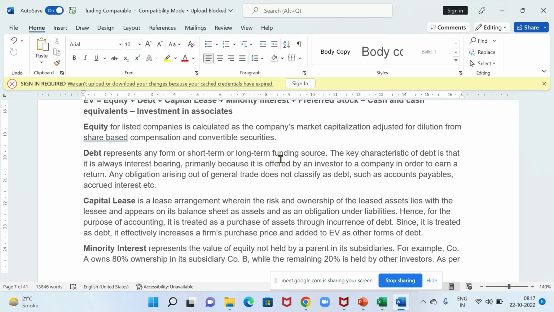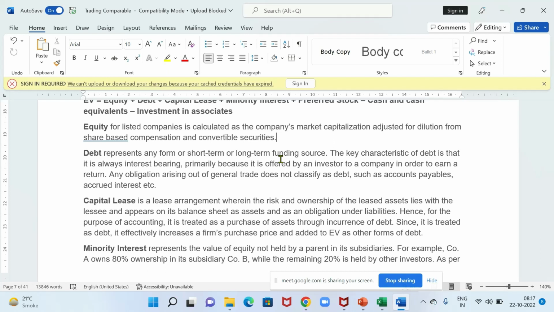So we discussed the other day for convertible securities. Say for example, there are 100 million convertible securities at a strike price of say $10 and the current market price is say 5. So that has been issued at a 100% premium.